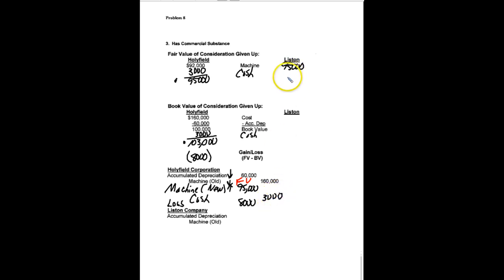Let's go to Liston. Liston is going to give up an asset of $95,000 fair value with a cost of $160,000 and accumulated depreciation of $75,000, for a book value of $85,000. So comparing fair value and book value, we have a gain of $10,000.